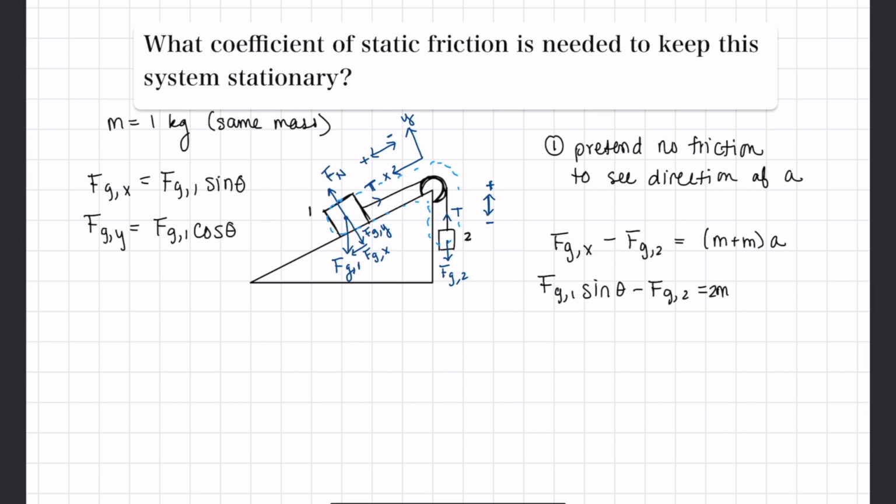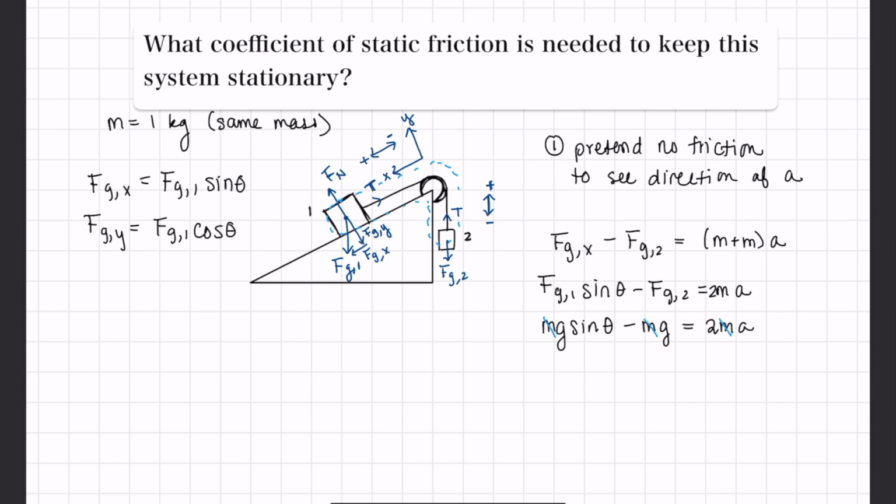So I'm going to consolidate that into 2MA. We can put in mg sine theta minus mg equals 2MA. We actually get masses canceling out by making them equal, so that's nice.